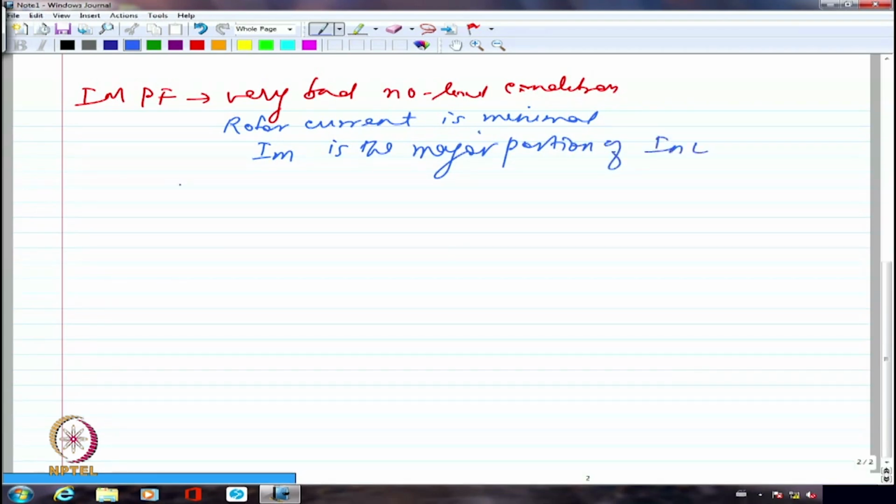So the power factor can be as bad as 0.2 or 0.3.